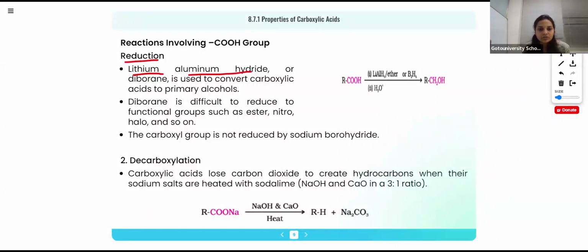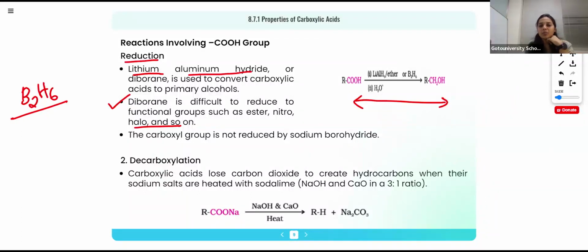It is used to convert carboxylic acid to primary alcohol. See the reaction. No need to write the mechanism, only the reaction is enough. Diborane is difficult to reduce functional groups such as ester, nitro, halo, and so on. Diborane means B2H6.